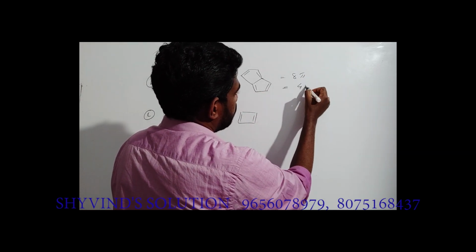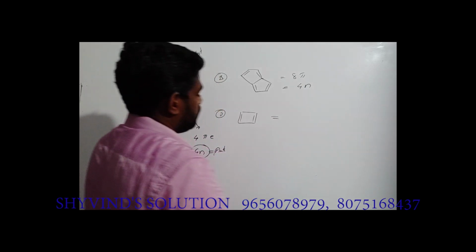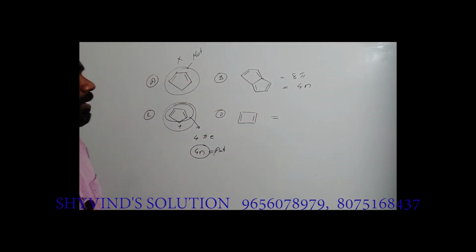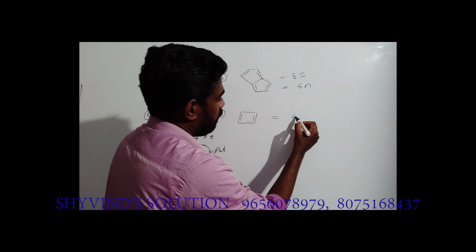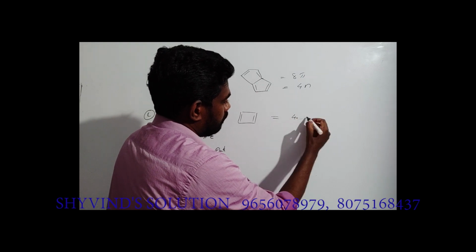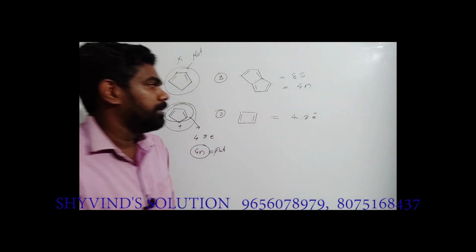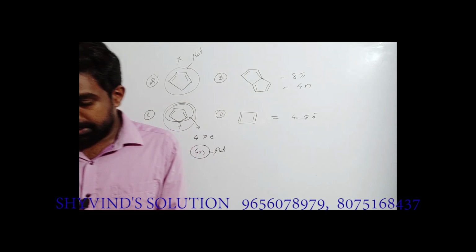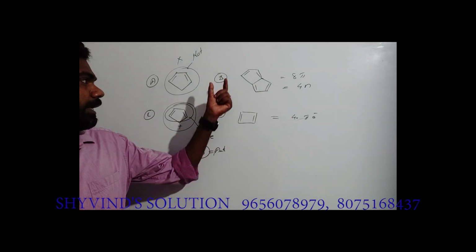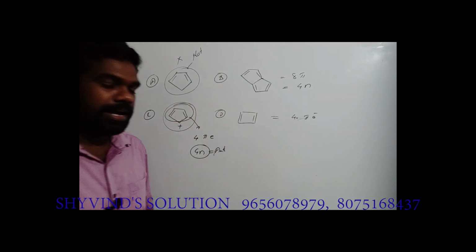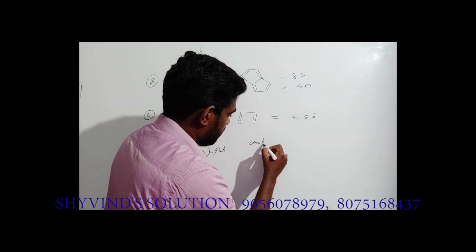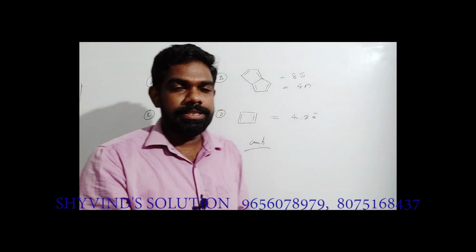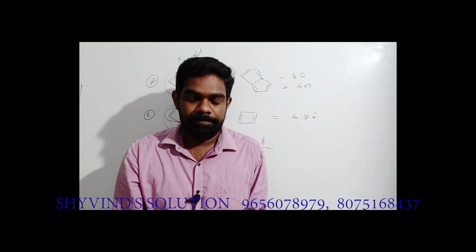Okay, so this is also a 4n system. What about this one? This one also we have 4 pi electrons. Okay, so all these are anti-aromatic. B, C, D are anti-aromatic. Okay, so this is all about question number 39.